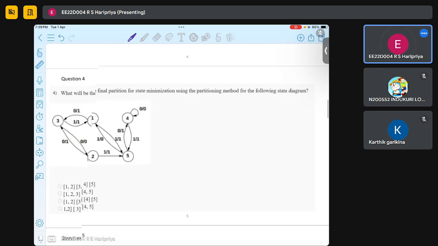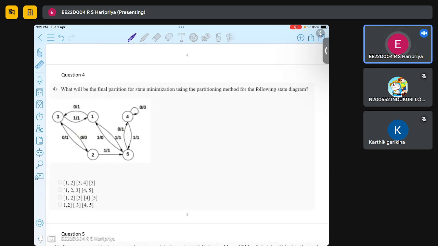Next. What will be the final partition for the state minimization using the partitioning method for the following state diagram? So again, we need the table. Present state, next state, x is equal to 0, 1, output.